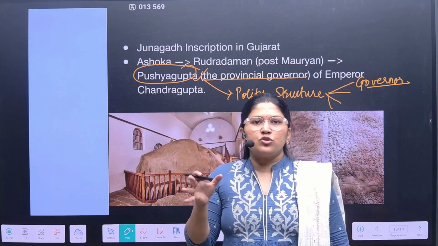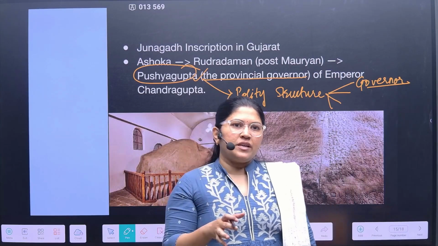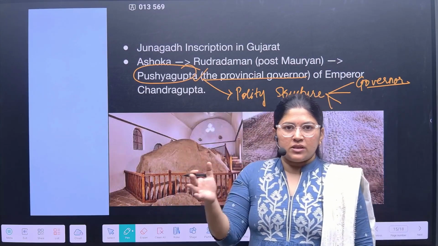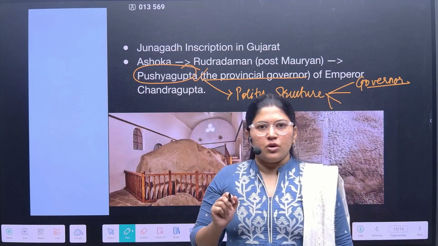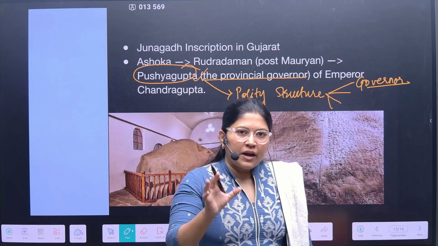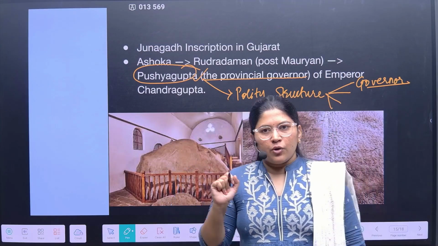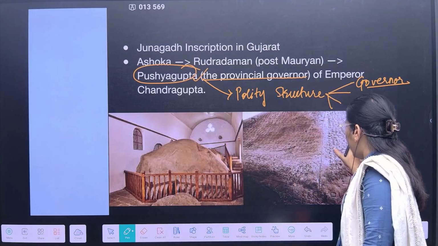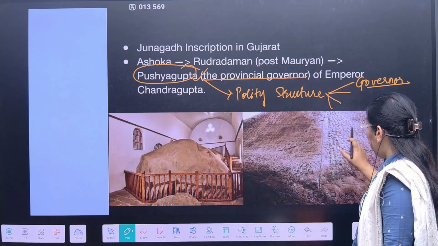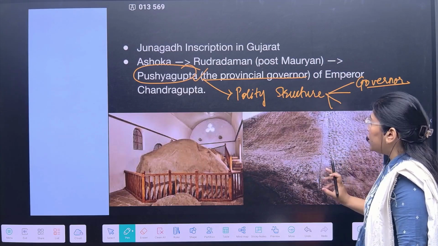Now it was only Ashoka who defeated all his brothers and then sat on the throne. He had a similar kind of legacy as that of Ajatashatru. So we come to know about this history which was inscribed on this stone.